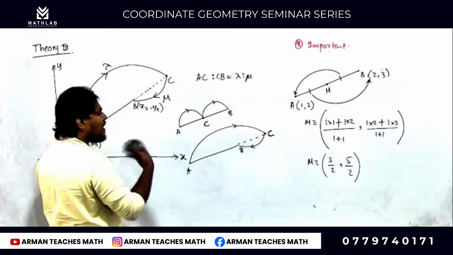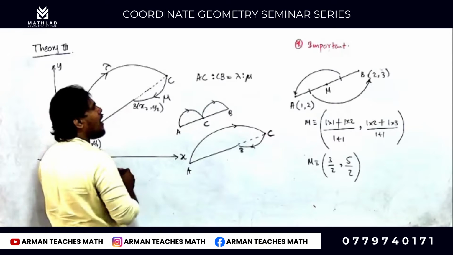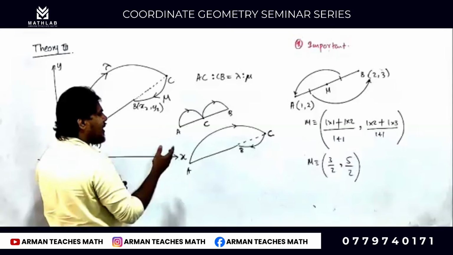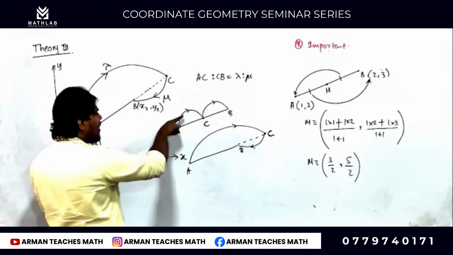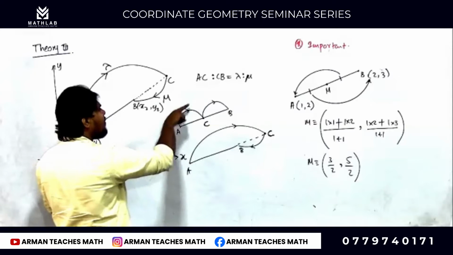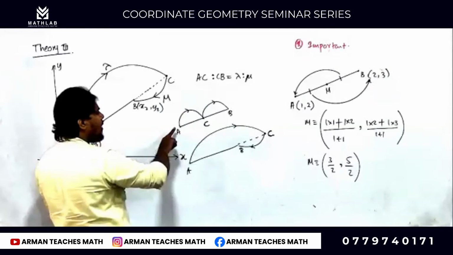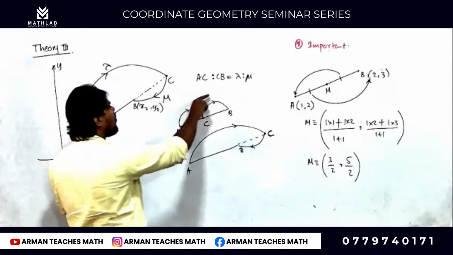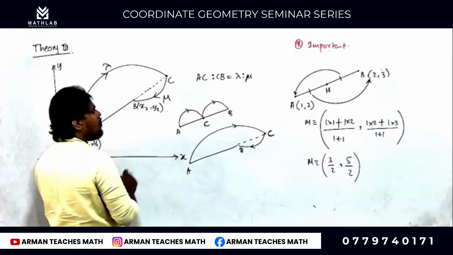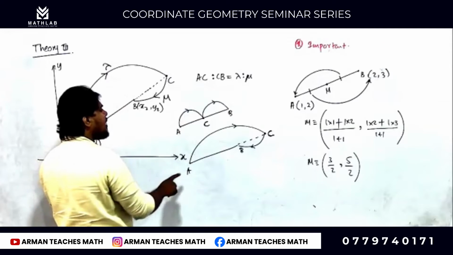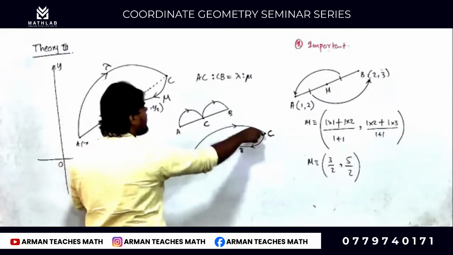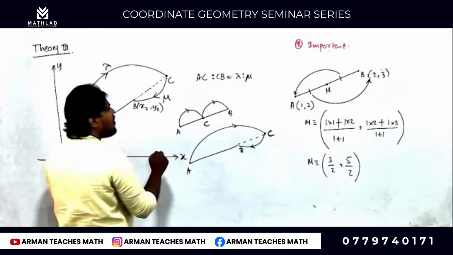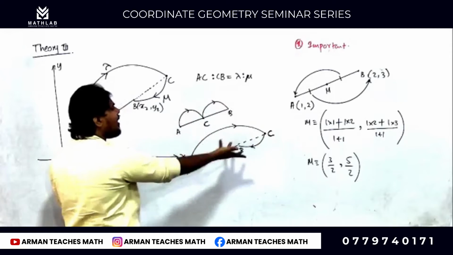The only difference is that here you have to understand a small thing. I will just give an idea. Here we are taking the ratio in the same direction. See the arrowhead. Internally when we divide it, we keep going in the same direction. But in this case, the arrowhead goes like this and we turn back. There is no such pattern here.